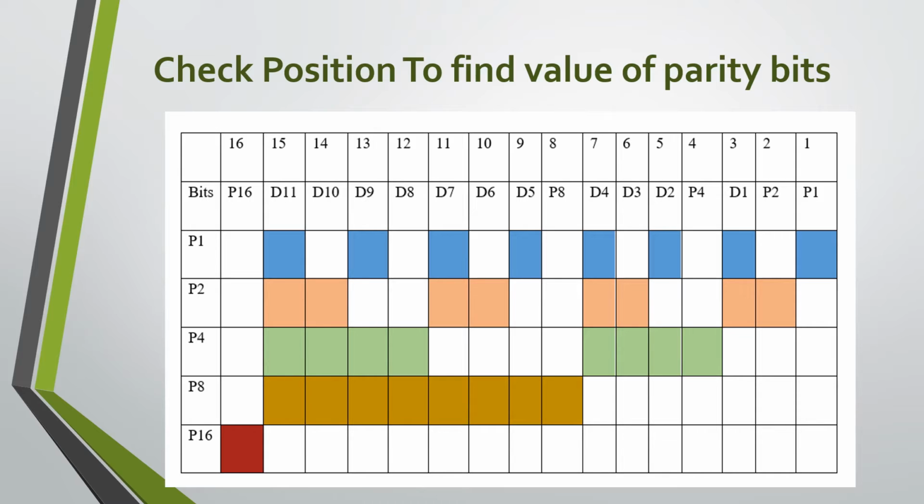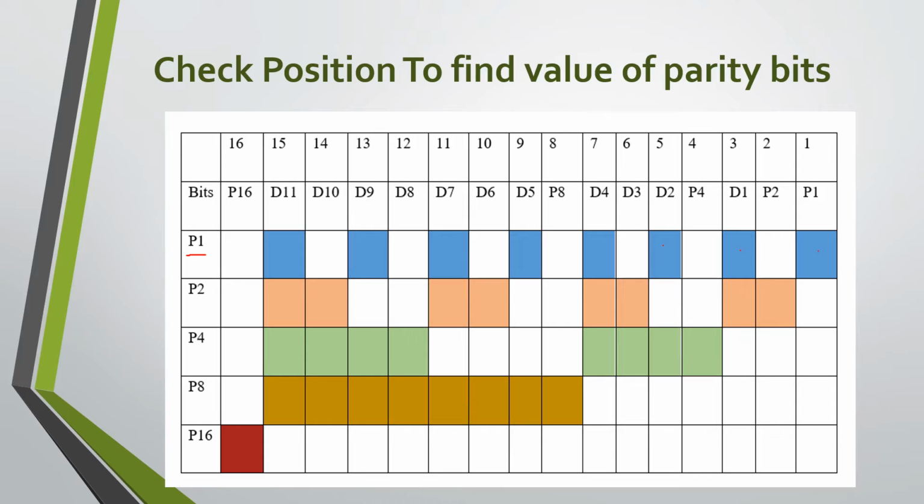When we want to find the value of P1, start from P1, then ignore the next, again take the third position, fifth position, seventh, 9, meaning alternate positions will be considered for parity bit 1.